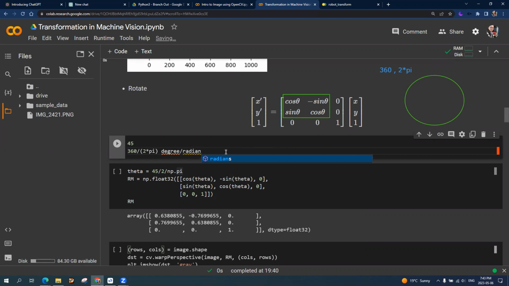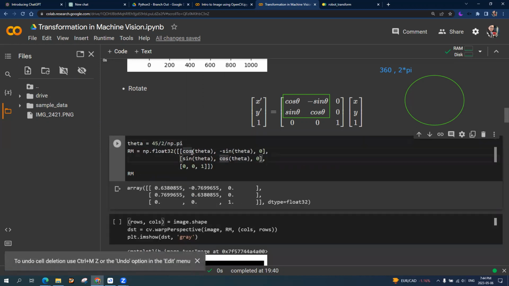Then you multiply by 45, or the angle that you want. That gives you what 45 is in radian. It's like a fraction: 45 is some fraction of the 360, then you take the same fraction of the radian. That's the idea.